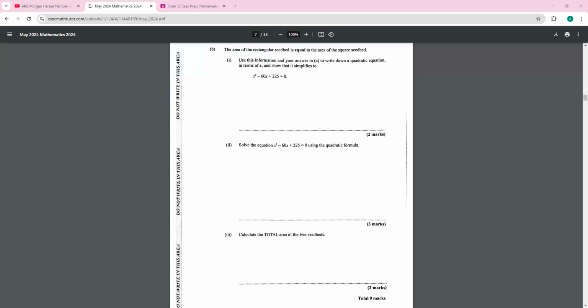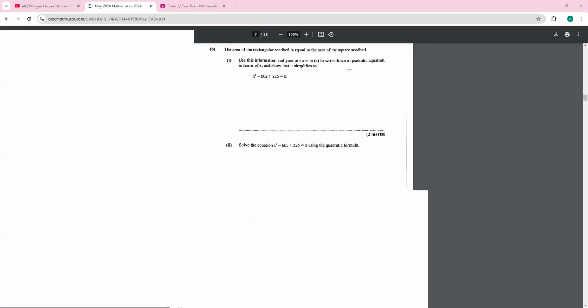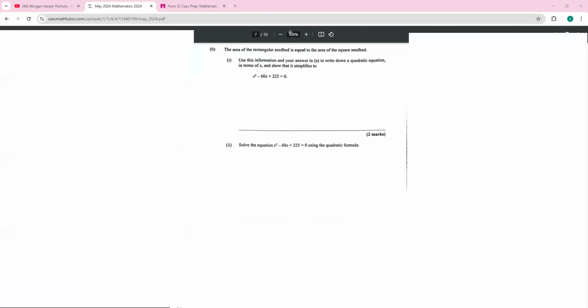All right, so the second part, it says solve this quadratic using the quadratic formula. Now, I'm not working this one tonight, so that will be on my next session.